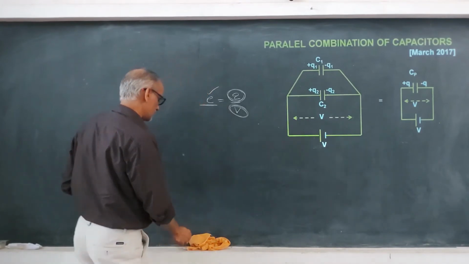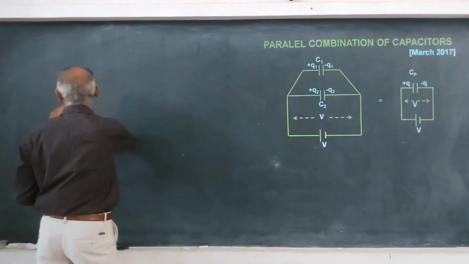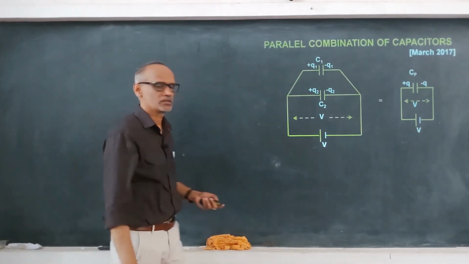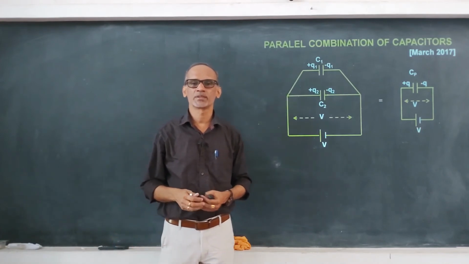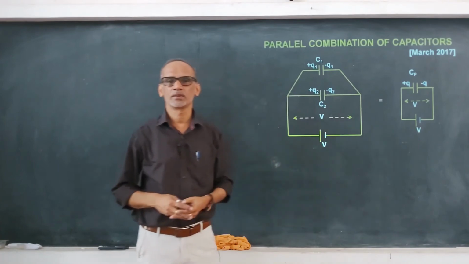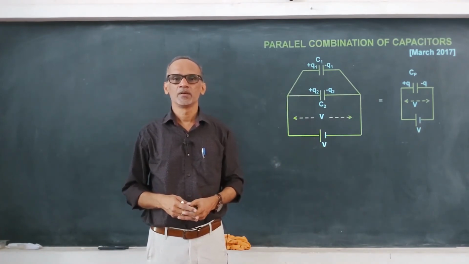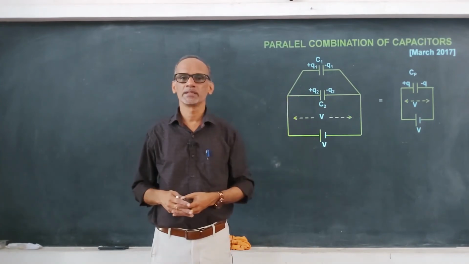So in series combination, charge on each capacitor is same, whereas in parallel combination, potential difference across each capacitor is same. Now these two are replaced by one single capacitor, which we call equivalent or effective capacitor. What is the capacity of that capacitor? It is Cp.